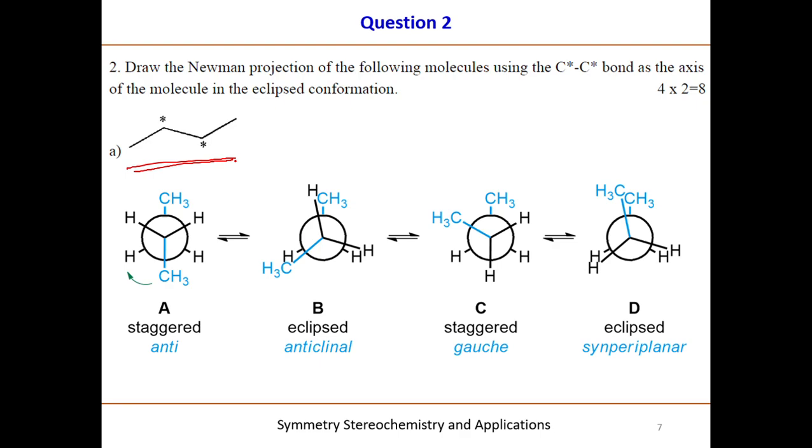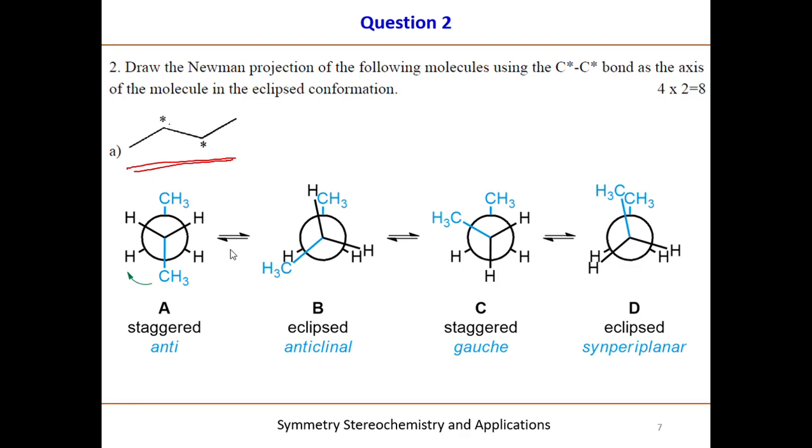N-butane, because 4 carbons are present and it is a linear chain. That's why it is n, meaning normal butane. The name of this molecule is n-butane. Now we have to consider these two atoms, marked by a star, for the Newman projection.